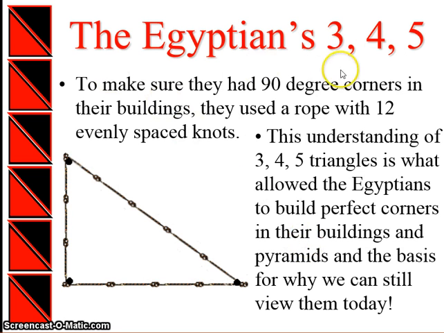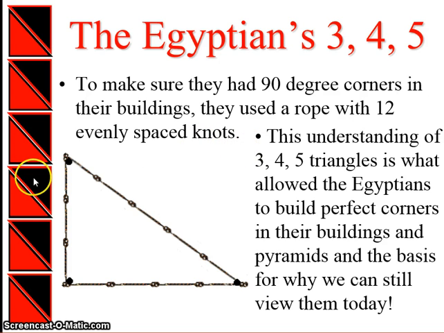Now, with the Egyptians' 3, 4, 5 triangle, they actually created a tool that they could use in carpentry to test every corner of their building. To make sure that they had 90-degree corners in their buildings, they used a rope made of horsehair with 12 evenly spaced knots.